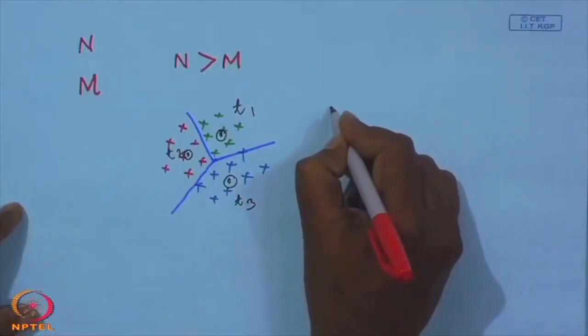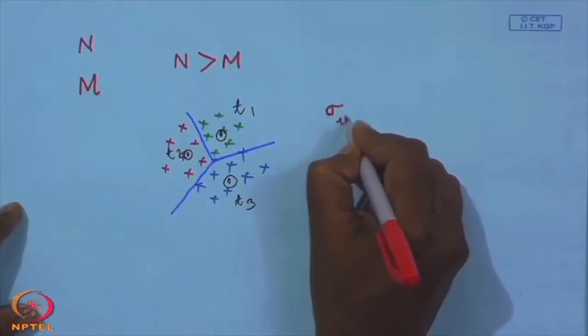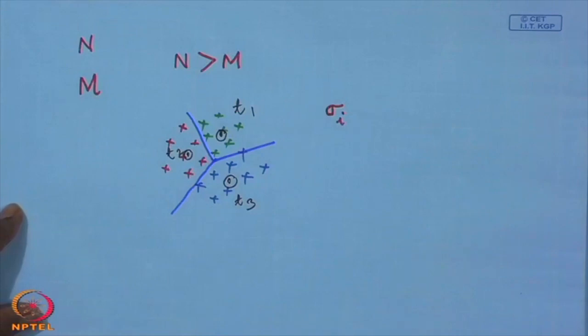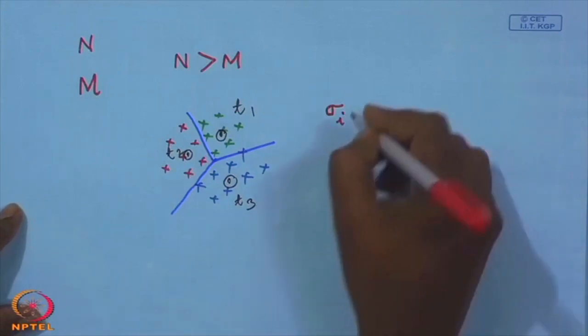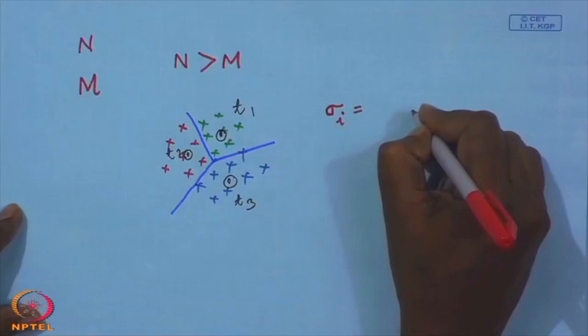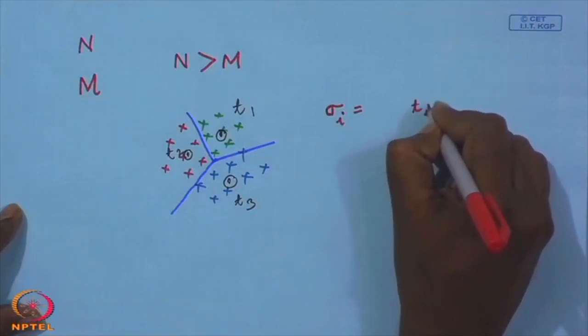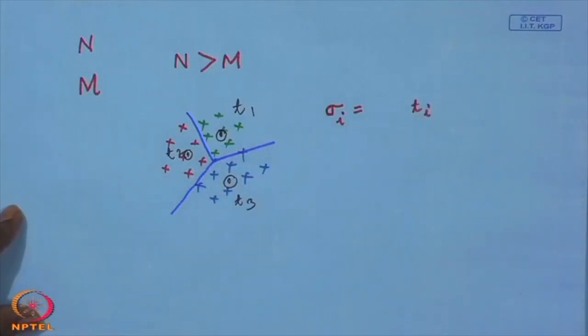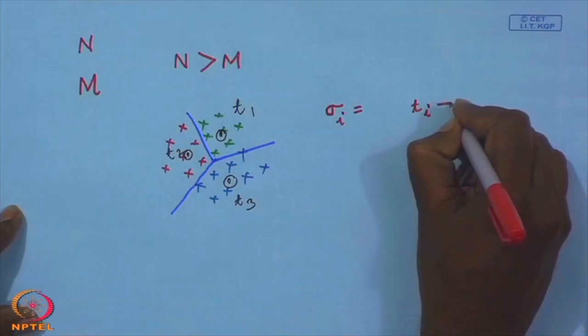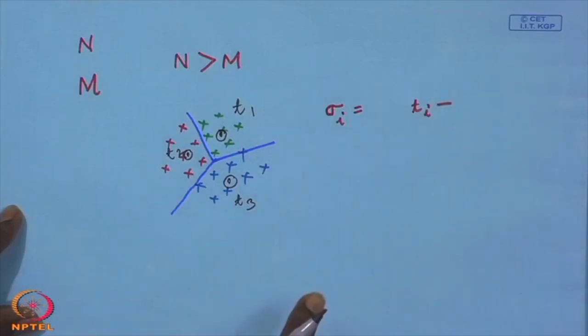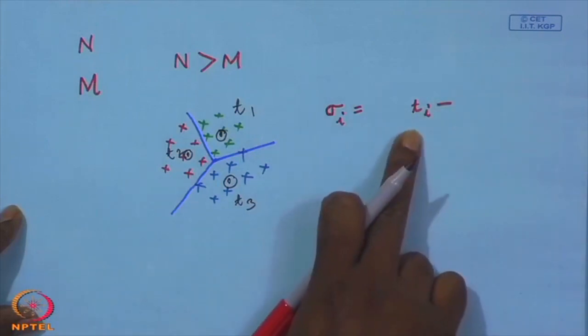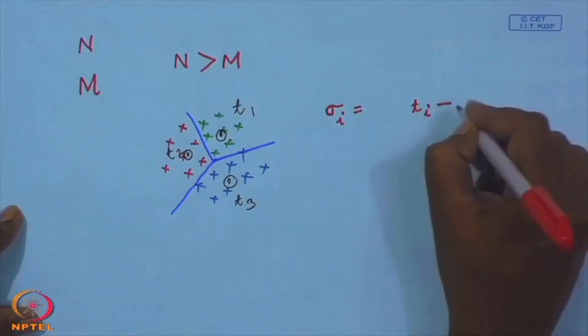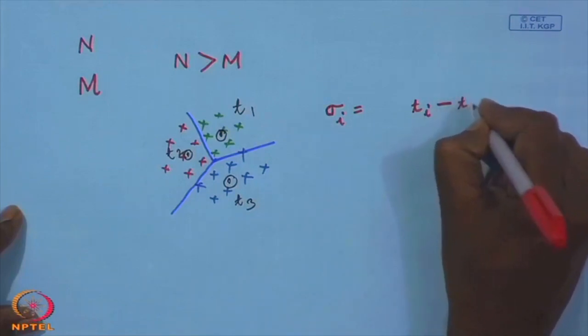So, the way I compute sigma I for the ith radial basis function is this. I have T I, which is the receptor for the ith radial basis function, and then I take p number of nearest receptors which are nearest to T I. Suppose one such receptor is T k.